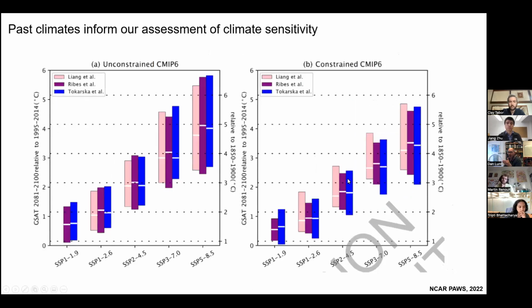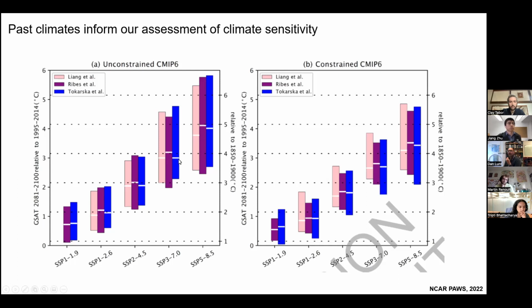Just to finish off, what are the implications of this? Well, one of them is that if you look at future projections in the report, these are projections going out to 2100 of global mean temperature response under different SSP scenarios.